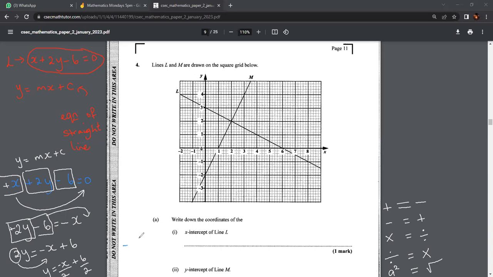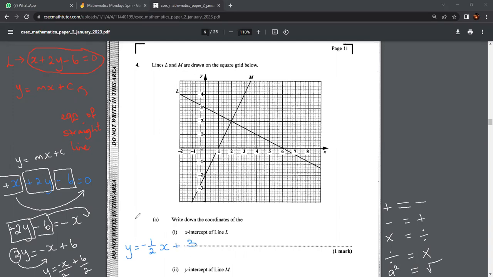Now, negative x over 2 is the same as saying negative 1 over 2 x, or negative a half of x. So I can say that y is equal to negative a half of x plus 6 divided by 2. 6 divided by 2 is 3.